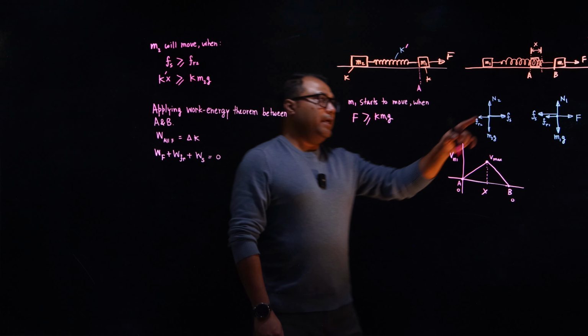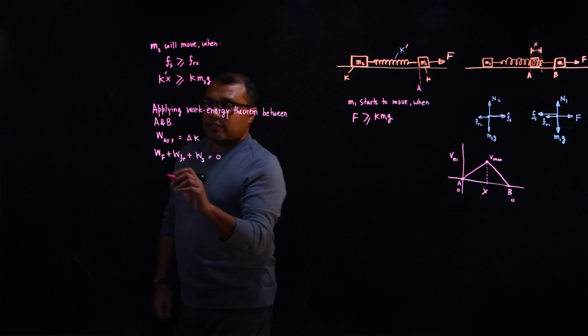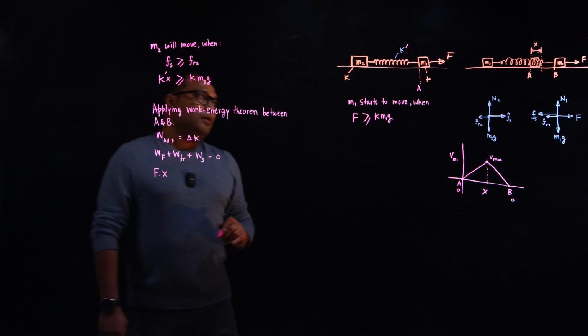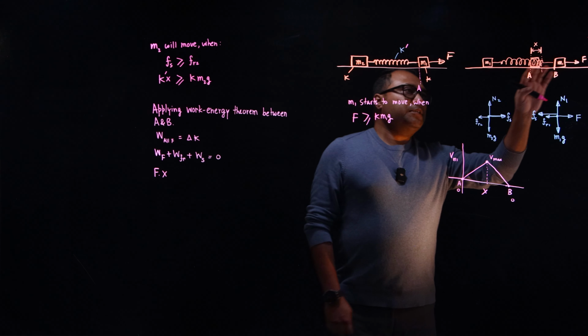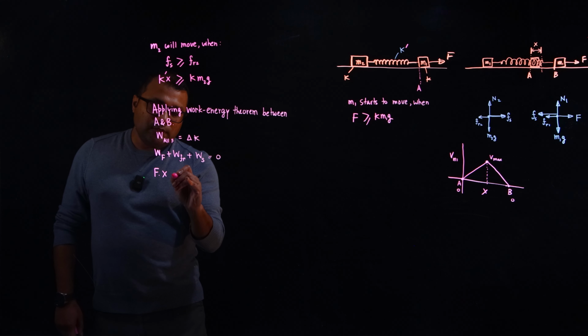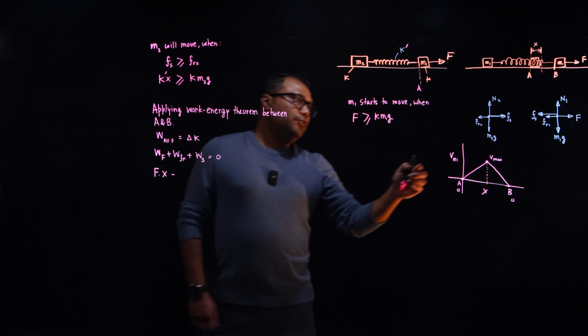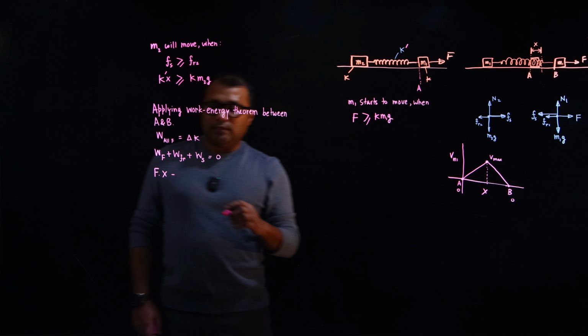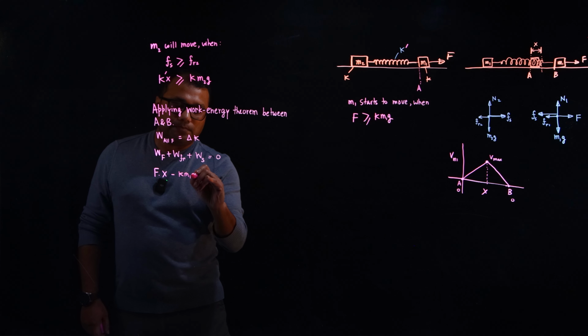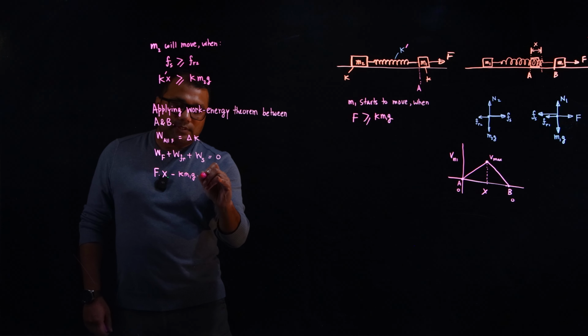What is the work done by F? F is a constant force, so F times x, since the direction of displacement and force is the same. What is the work done by the friction force? Friction force is in the opposite direction, and that is equal to minus k m1g times x.